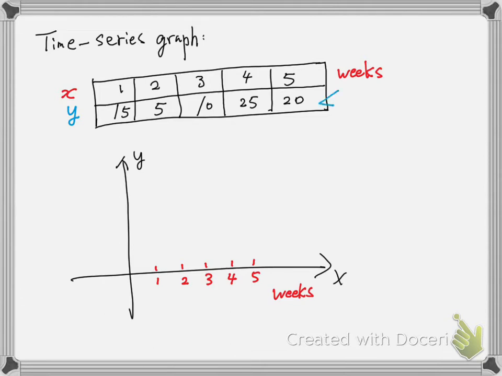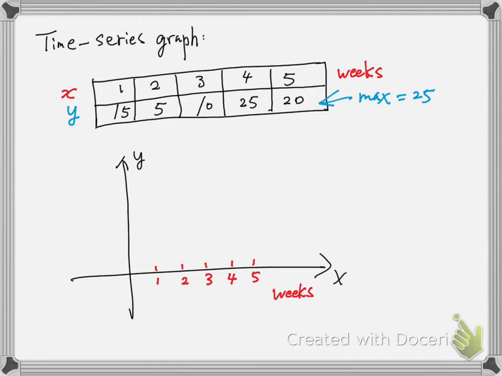So what's the maximum of this second row? For this example it is 25, right? For this graph, we just need to make sure 25 is on the y-axis. So we should choose something near 25 to be the top.